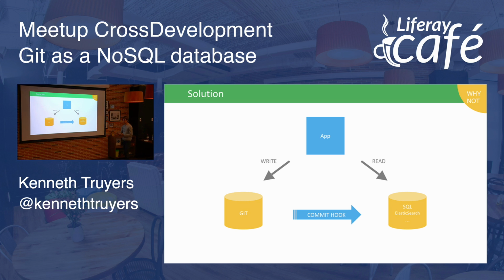Even better, with that commit hook, we also get a diff of the changes. So we know exactly the set of changes that just happened: this file was deleted, this was added, this was updated. So now we can do create, update, and delete in SQL, for example, or in Elasticsearch or whatever we have.